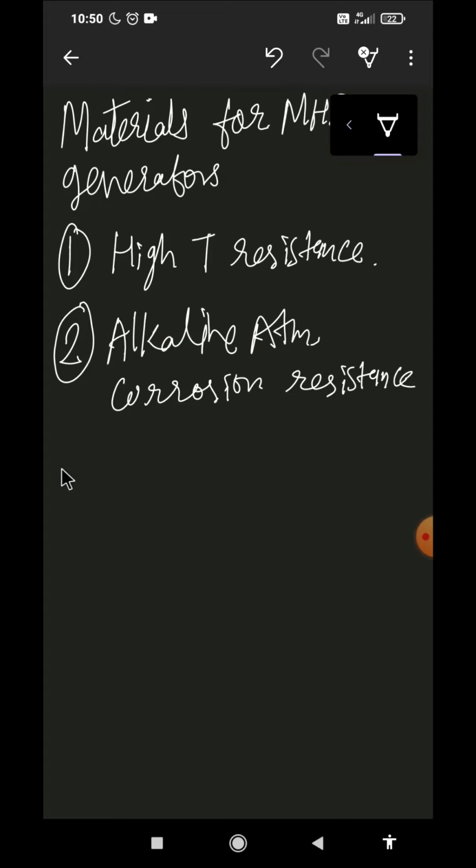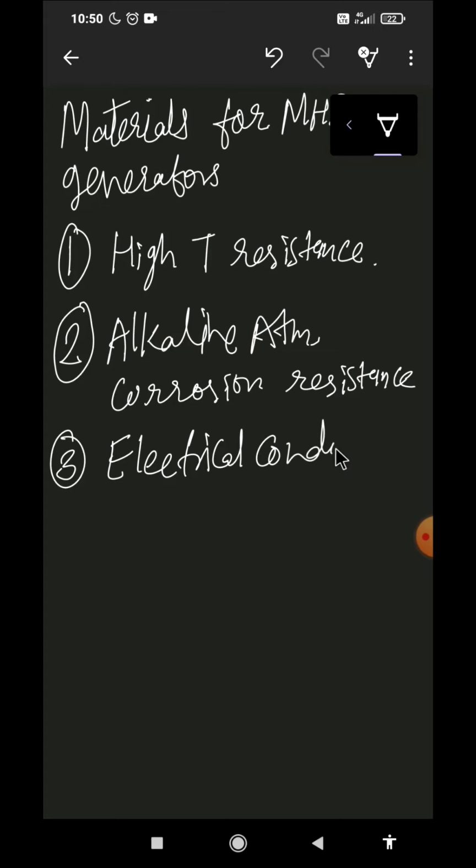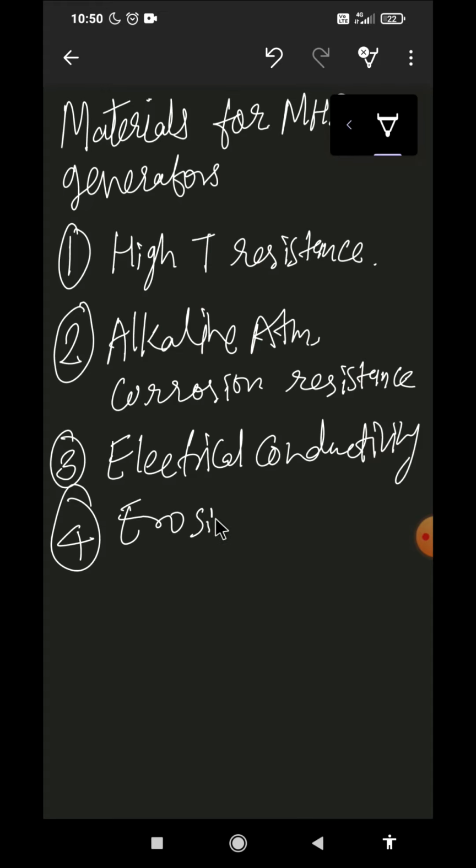Third is electrical conductivity, that it should be conductive. Fourth is erosion resistance, so the material should not be eroded.